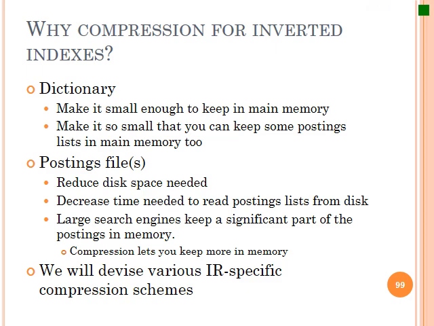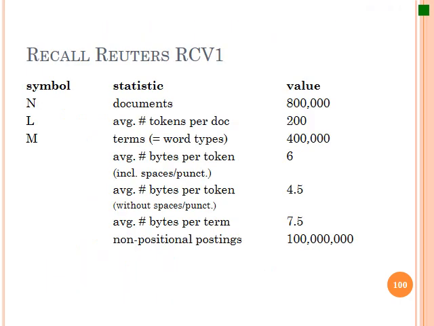And if your posting files are small enough, you will reduce the disk space required, and you will reduce the amount of time needed to read posting files from disk. So large search engines keep a significant part of the postings in memory, and compressing the postings allows you to do that. So we will devise some IR specific compression techniques in this class.